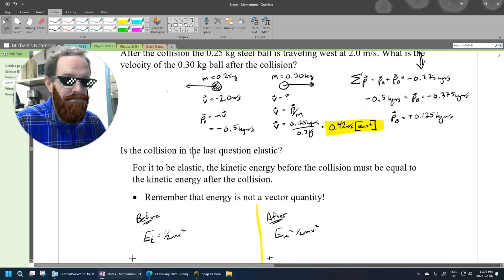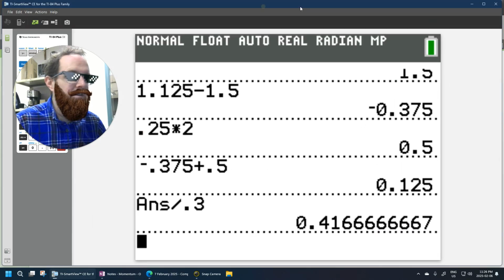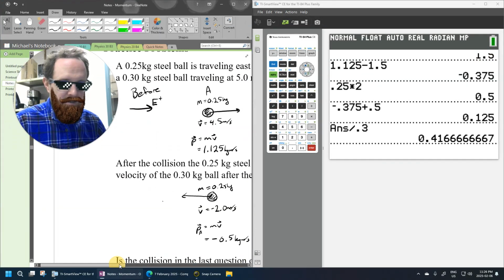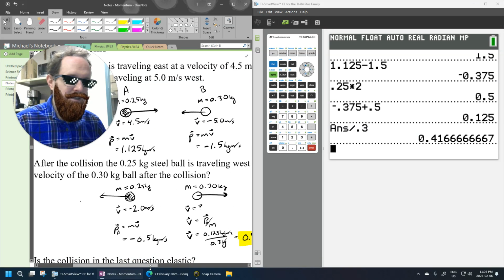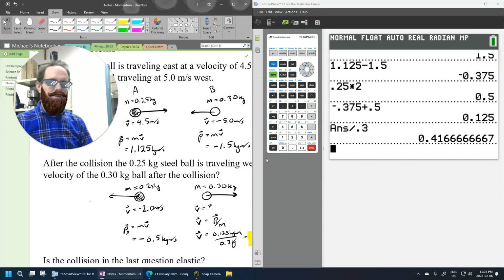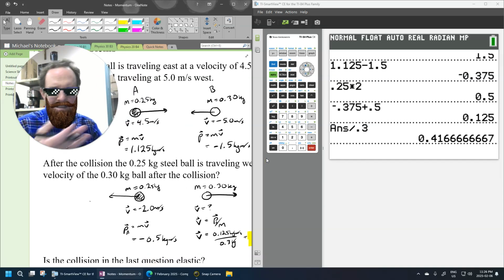So let's quickly do this. It shouldn't take too long. I'll pull my calculator out. I've got all the numbers I need on the screen, except for this bottom one here, but we'll deal with that later. I'm going to do the math on the calculator, and then write them down at the bottom.